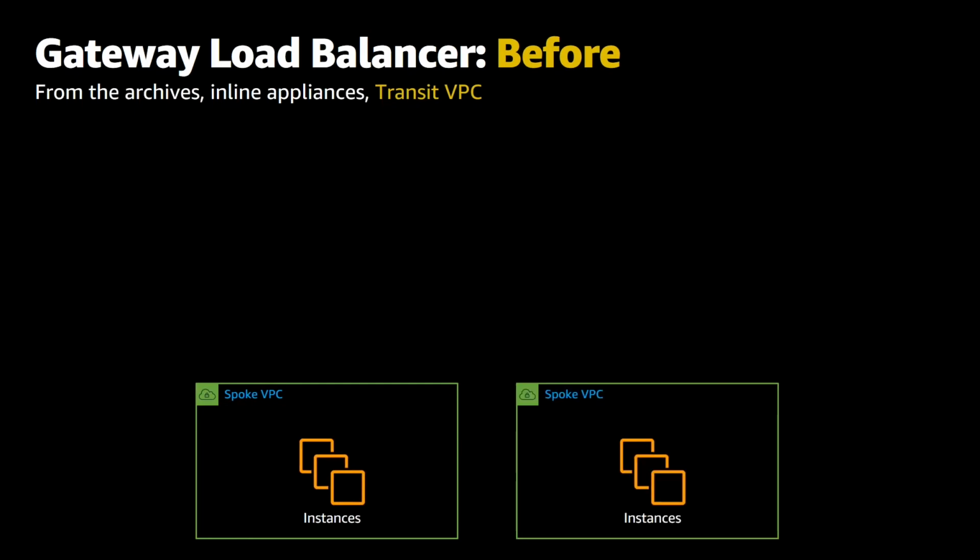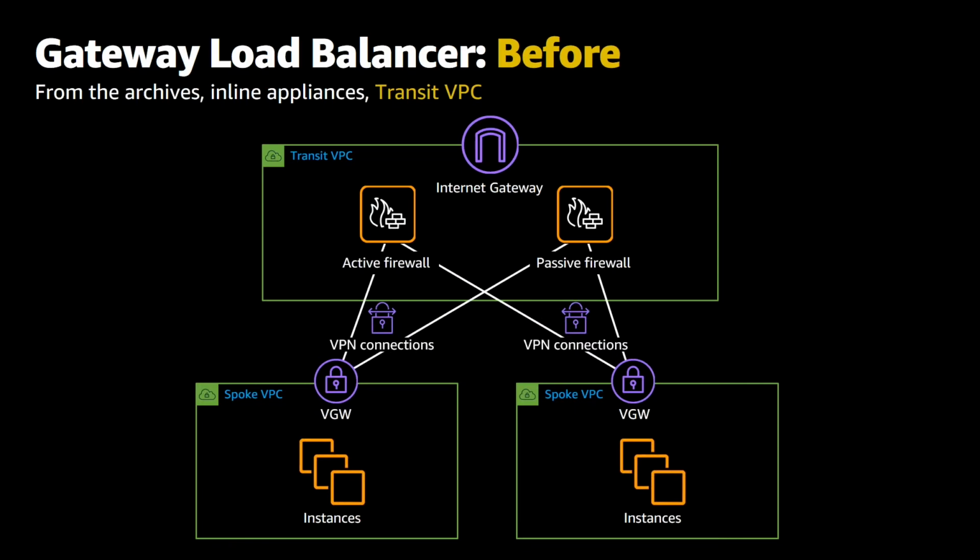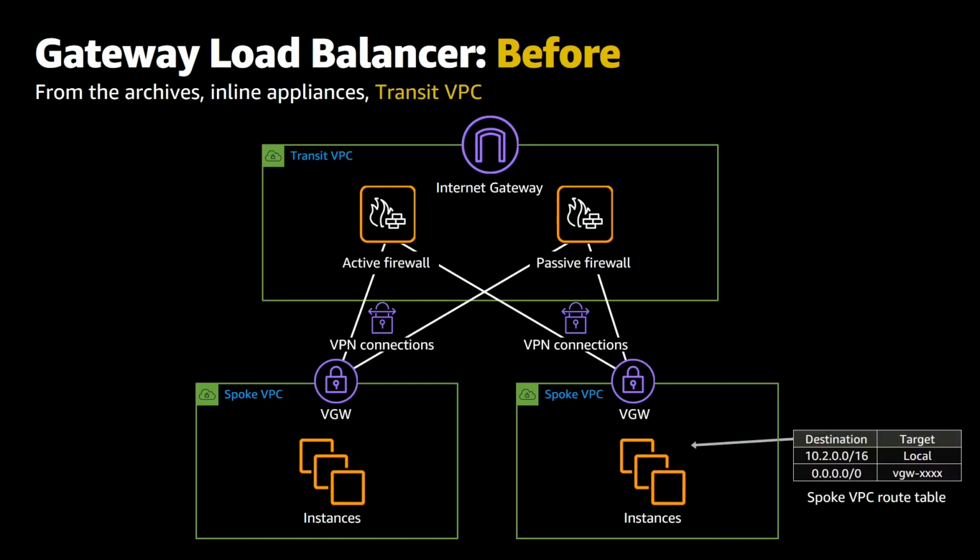If you had a transit VPC, you have your transit, your hub, and then you have a bunch of spokes, right? Internet gateway, same thing. My spoke VPCs will have a VGW, virtual private gateway, that you could use to terminate VPN connections to both firewalls in this case for redundancy purposes.